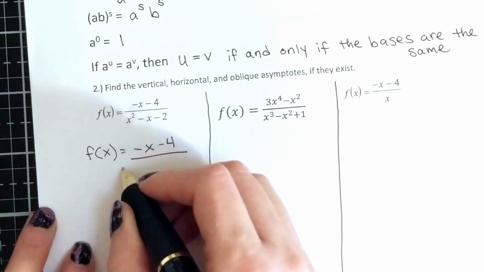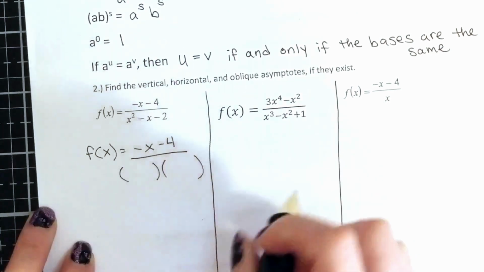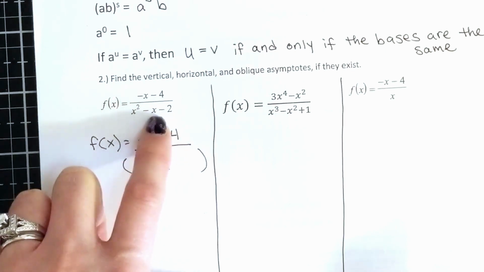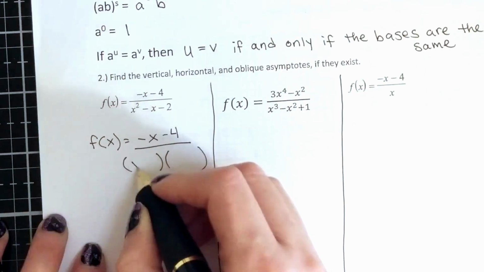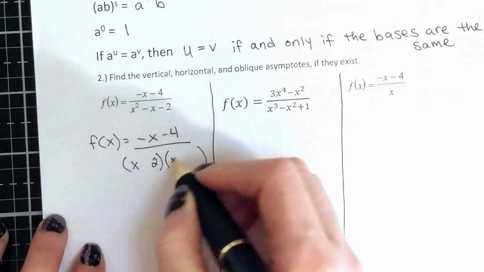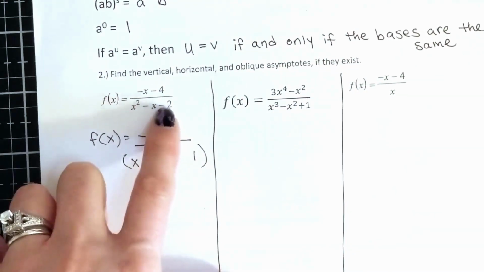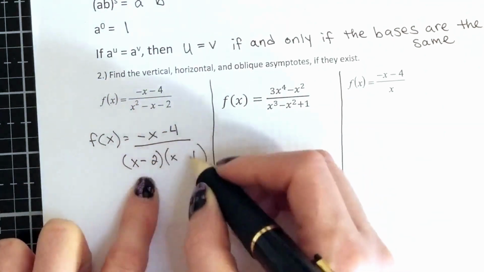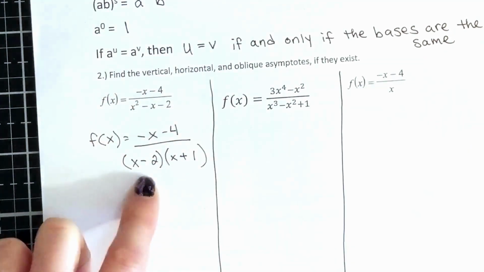So on the denominator, we are thinking what will multiply to 2 and subtract to give me 1? Well, the only thing that times to 2 is 2 and 1. So I know I'm going to have a 2 and I know I have a 1. The minus at the end tells me the signs are different, and this one in the front goes with the bigger number. So the 2 gets the minus, the 1 gets the plus.